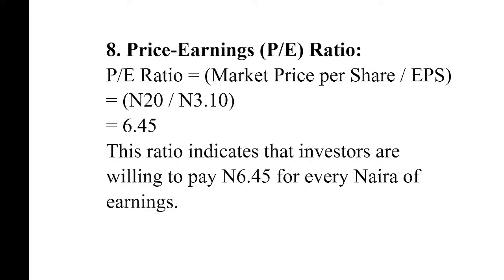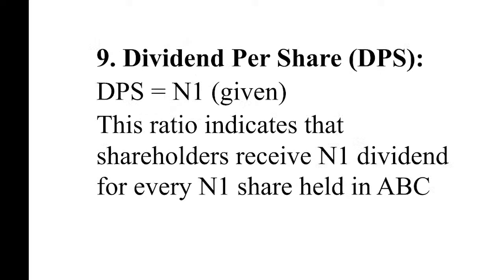So we have 6 naira 45 kobo. This ratio indicates that investors are willing to pay 6 naira 45 kobo for every naira of earnings. So when a share is earning 1 naira, the investors can pay 6 naira 45 kobo for that 1 naira. So they are satisfied with making 1 naira out of their 6 naira 45 kobo.